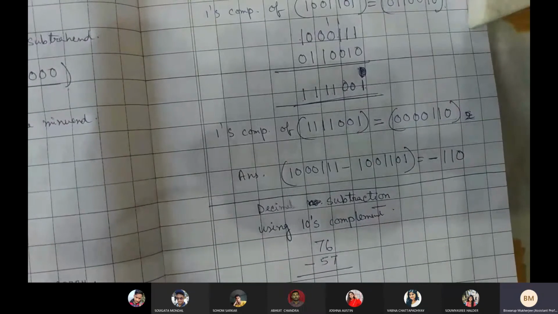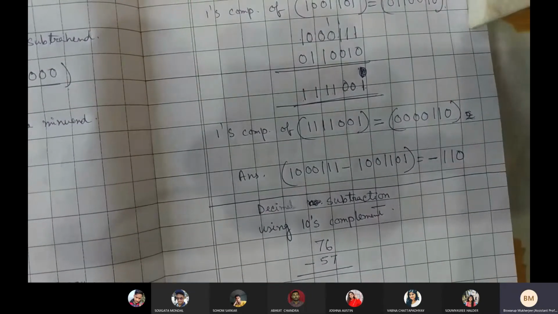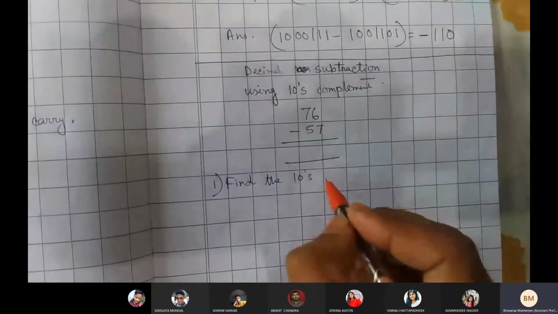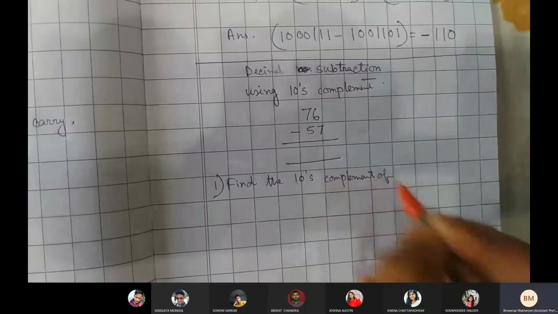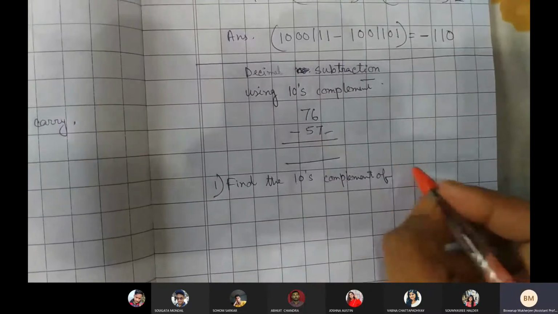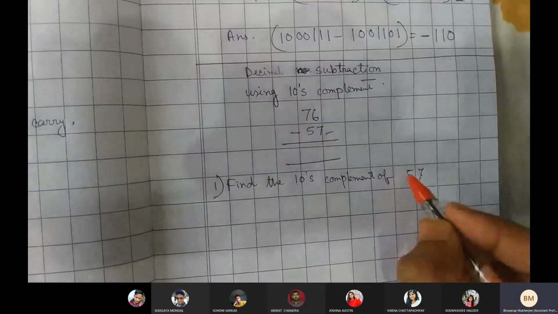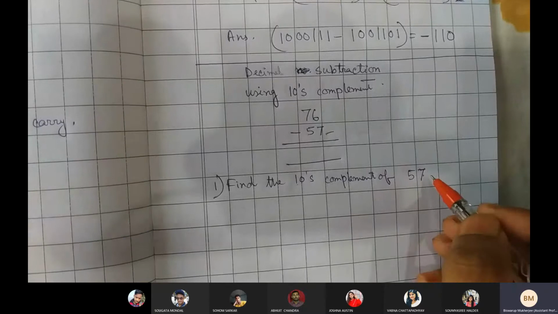Find the tens complement of the subtrahend 57. Tens complement of 57. What is that? Nines complement plus 1. So 99.